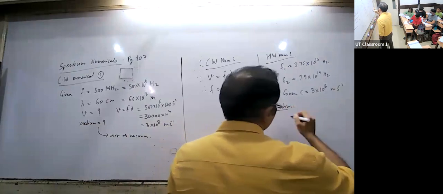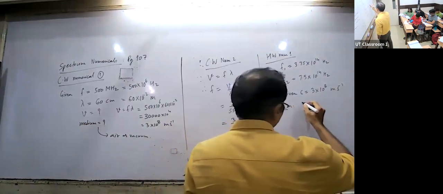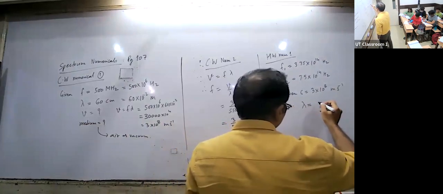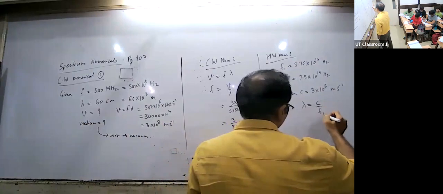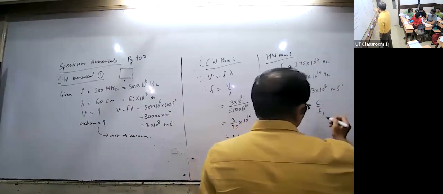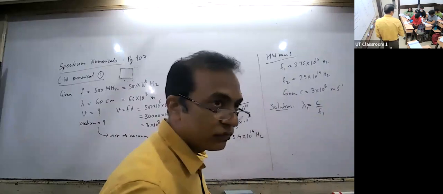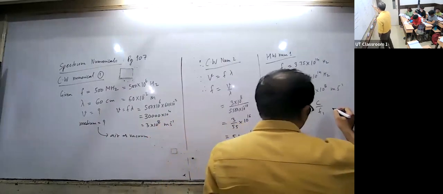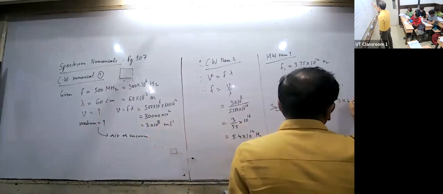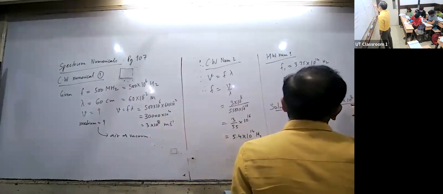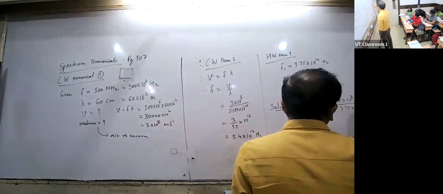So what is the wavelength range? So wavelength is C by F1, right? Wavelength will be C by F1. So this is equal to 3 into 10 raised to 8 divided by F1, which is 3.75 into 10 raised to 14.